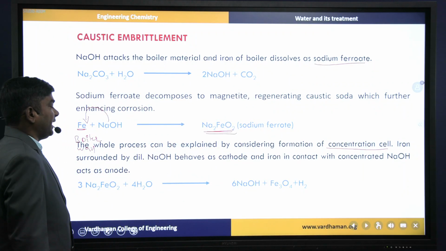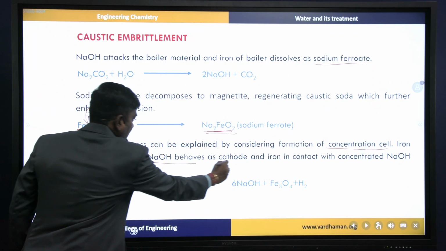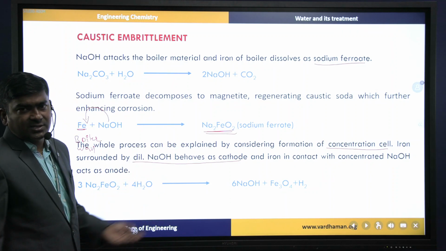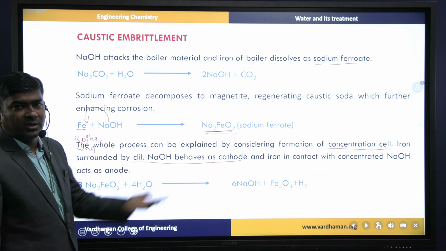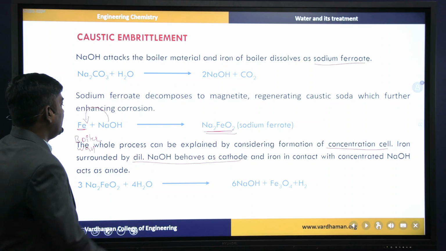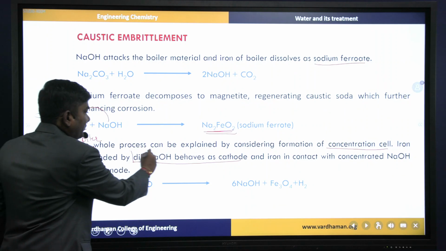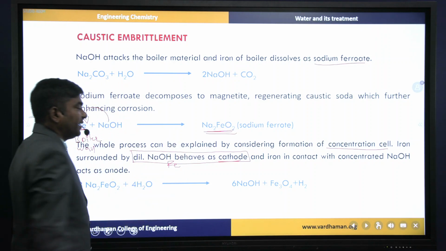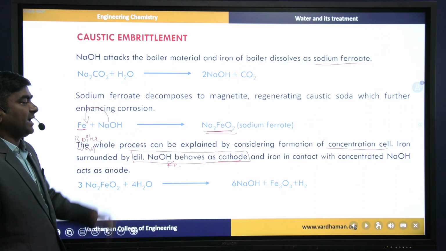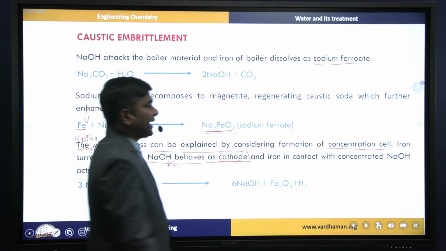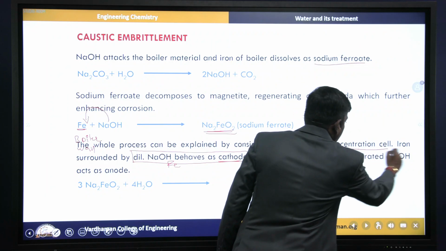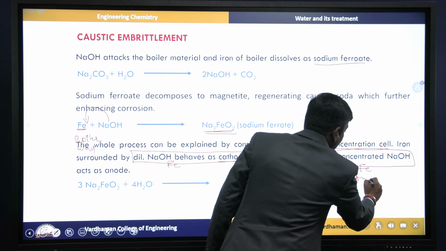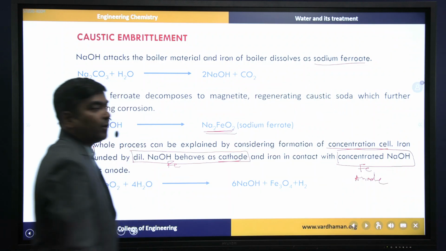Iron surrounded by dilute sodium hydroxide behaves as the cathode, right? A cell means there are two regions, an anodic region and a cathodic region. In the dilute sodium hydroxide region, iron behaves as the cathode, and iron in contact with the concentrated sodium hydroxide acts as the anode.